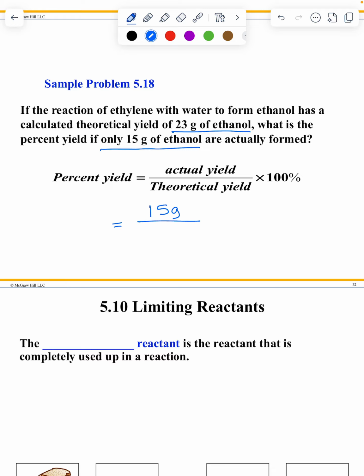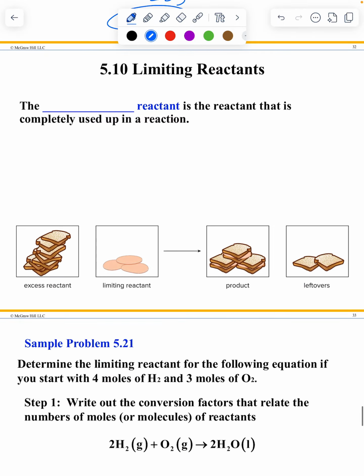All right, let's move on to something called limiting reactants. The limiting reactant is the reactant that will completely be used up in an equation. And so just as an example, they have pictures of bread and some kind of lunch meat, it looks like.